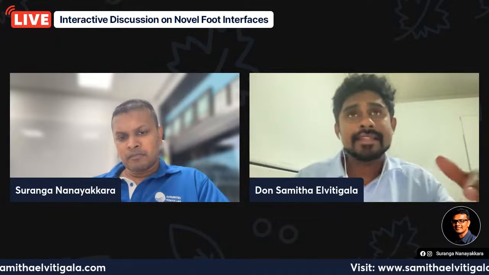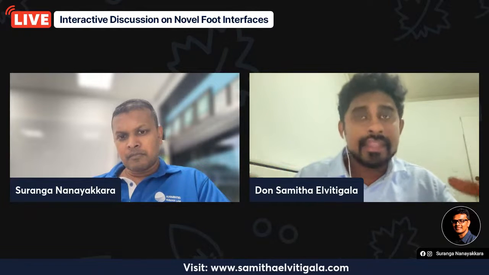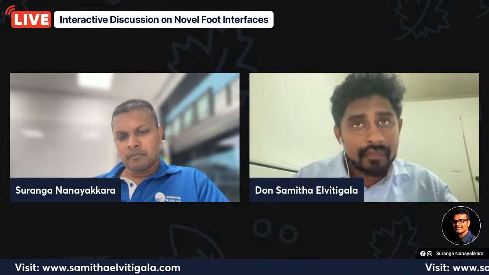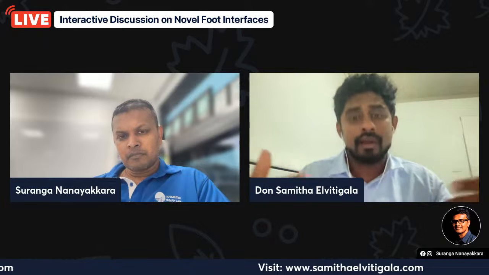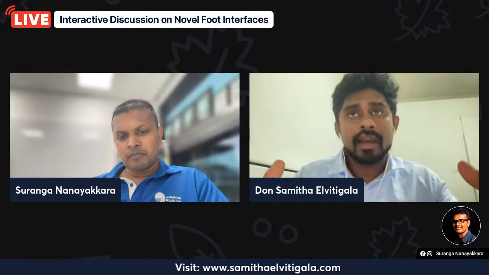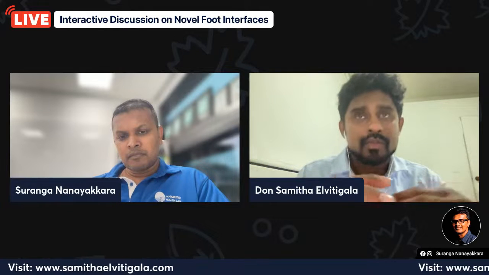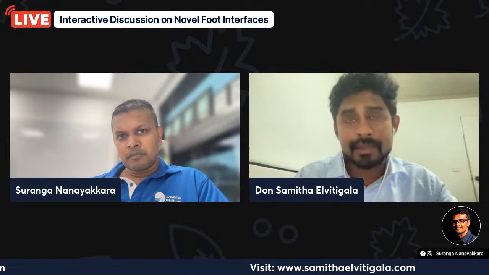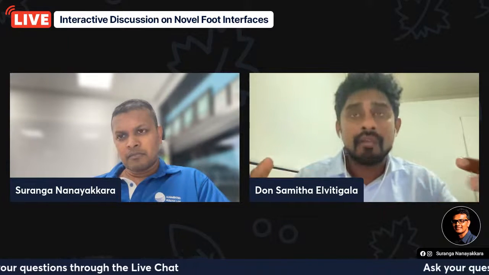But if you look at these shoe interfaces, they are discreet. You can use them as discreet interfaces because, for example, even now you can't really see my lower extremity. There are so many applications where you can use these foot interfaces discreetly, and they can also implicitly understand our body parameters.